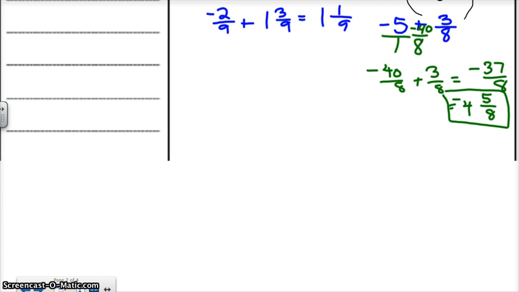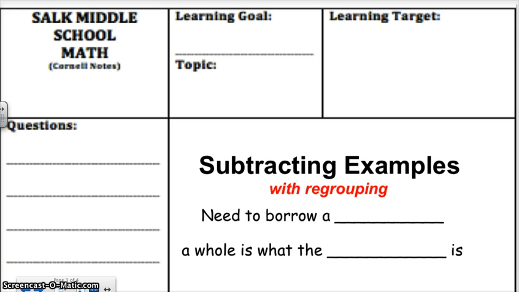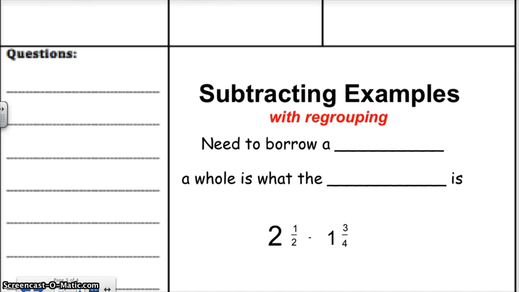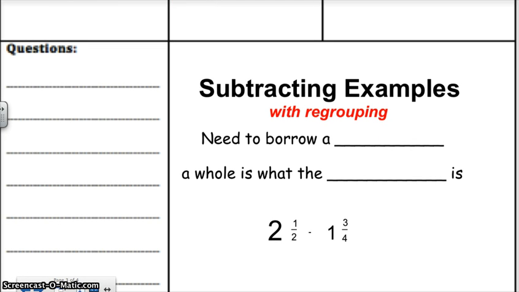Now we get to do some fun stuff. Remember borrowing from fractions? Oh, you love it. You love it so much. You call it regrouping is what we call it. And when we borrow from fractions, we don't just borrow one. We don't just stick a one out in front of the number. We borrow a whole.